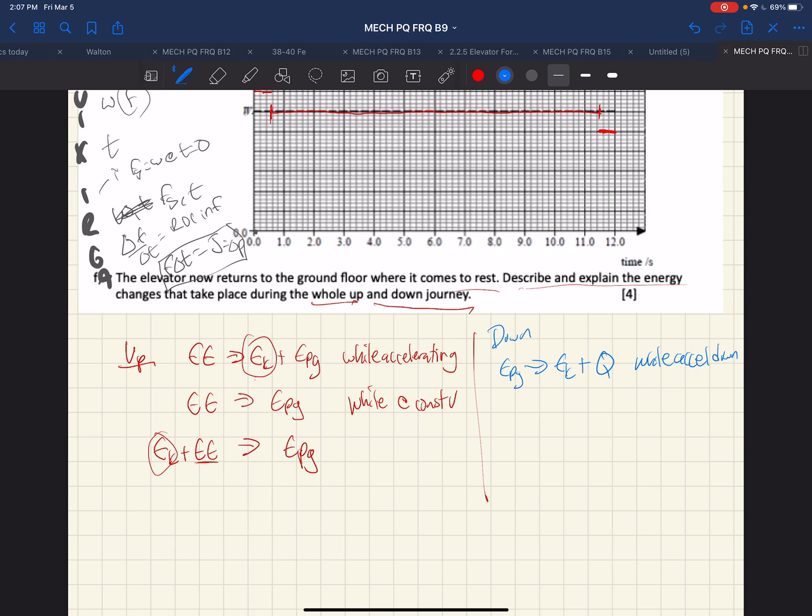And then we have the gravitational potential energy going into electrical energy while at constant velocity. And then at the bottom, we have kinetic energy and gravitational potential energy going into thermal energy. And so this is constant, and this is accelerating at the bottom.